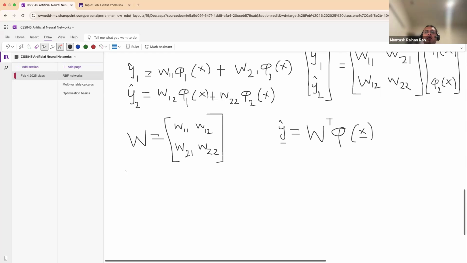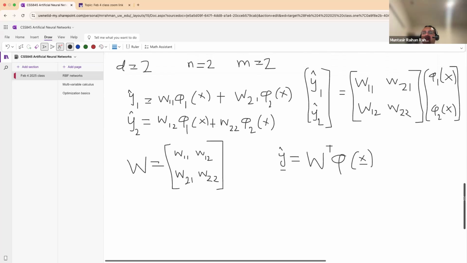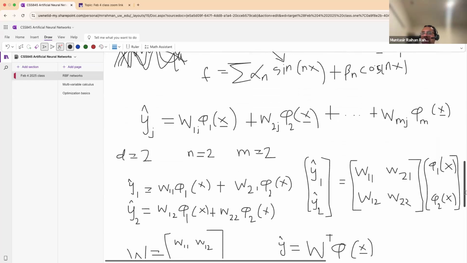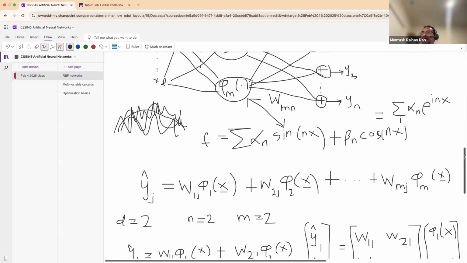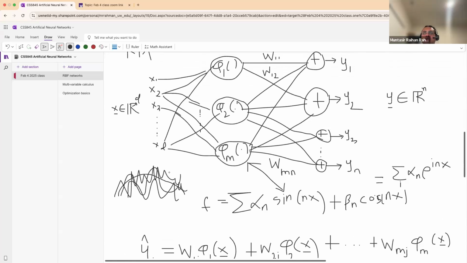But in general, I hope this derivation makes it clear how we can generalize to arbitrary dimensions, where the input dimension, the number of neurons here, and the number of outputs are all different numbers, right?